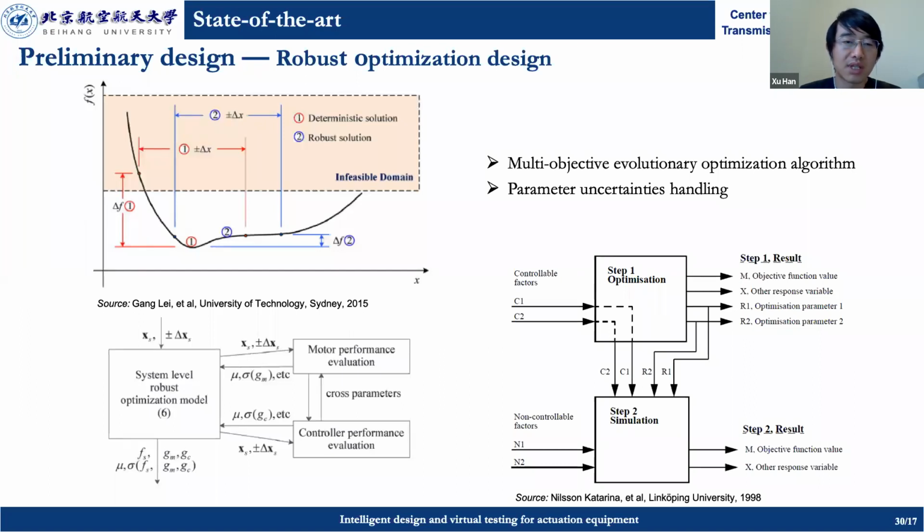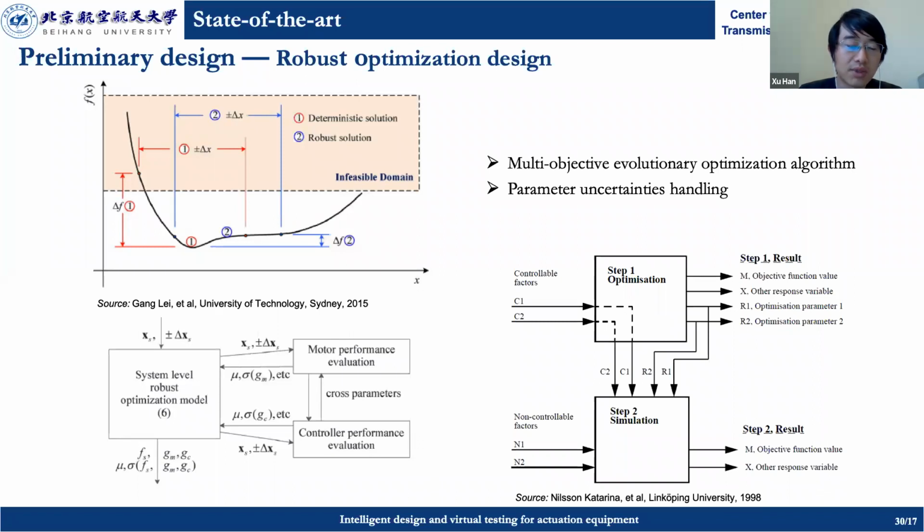As mentioned before, the parameters are based on estimation, so the real parameters will differ from the parameters used in the preliminary design. With this in mind, during the optimization, we shouldn't always choose the minimum value as the result. For example, we can see from the left top curve, the point 0.1 is the minimum value.